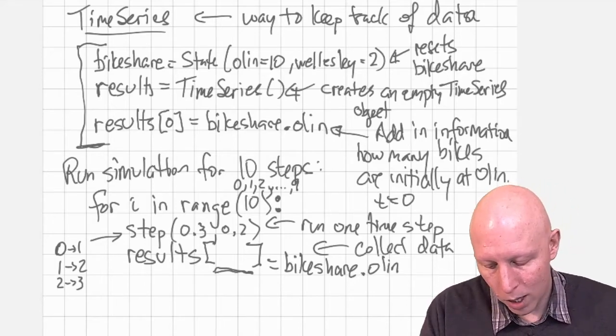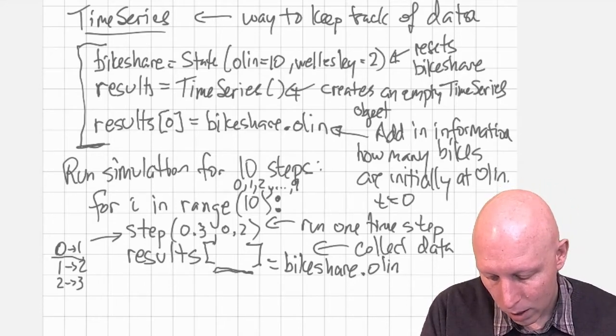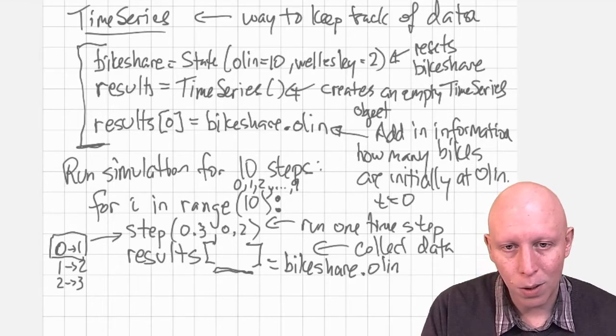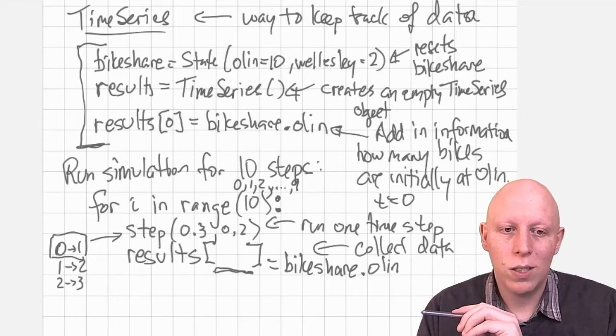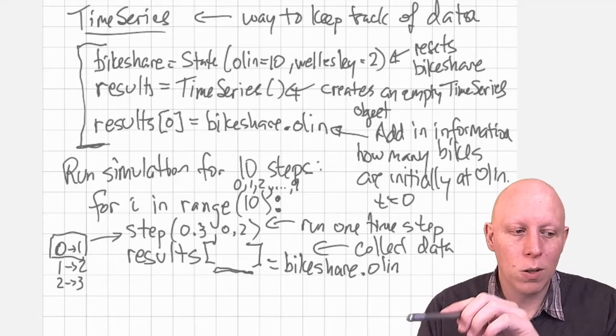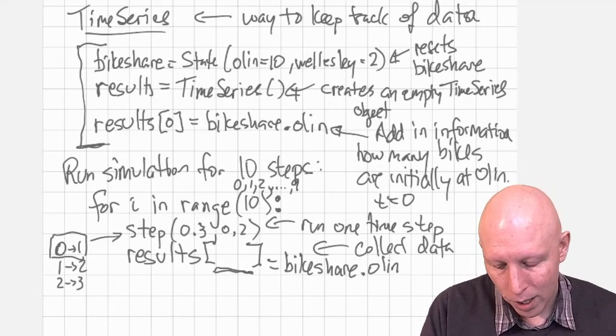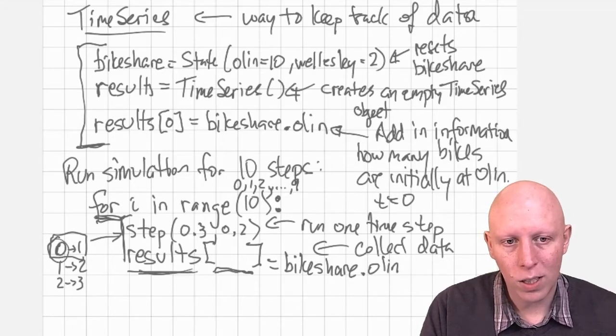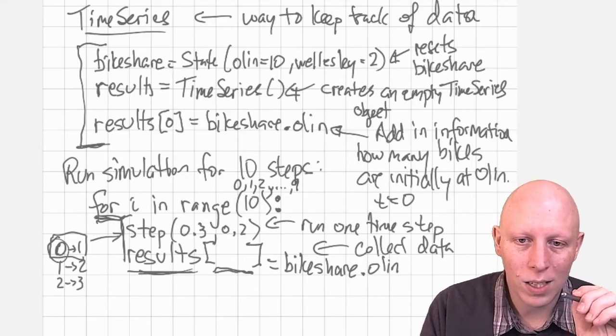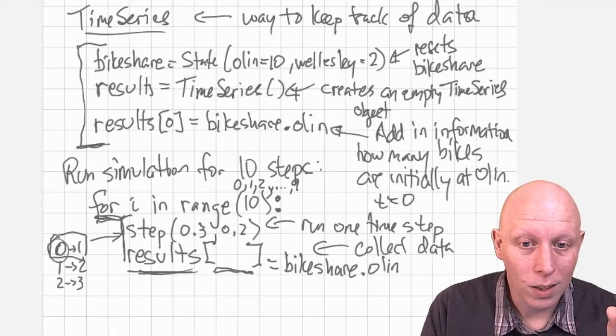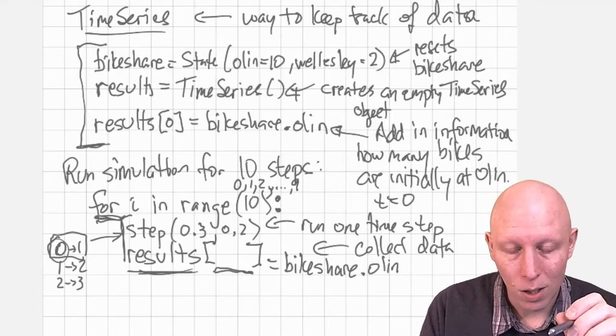So when i is equal to 0 and we run step, what we've done is we've said what happened to go from time 0 to time 1. So in this loop, i is still 0, but the results here correspond to what we're dealing with when we're at time 1 instead of time 0.